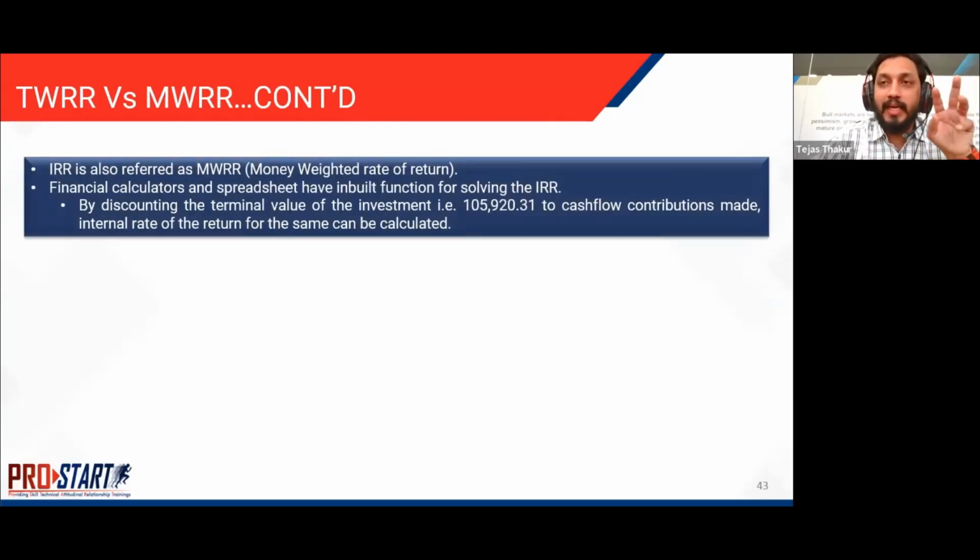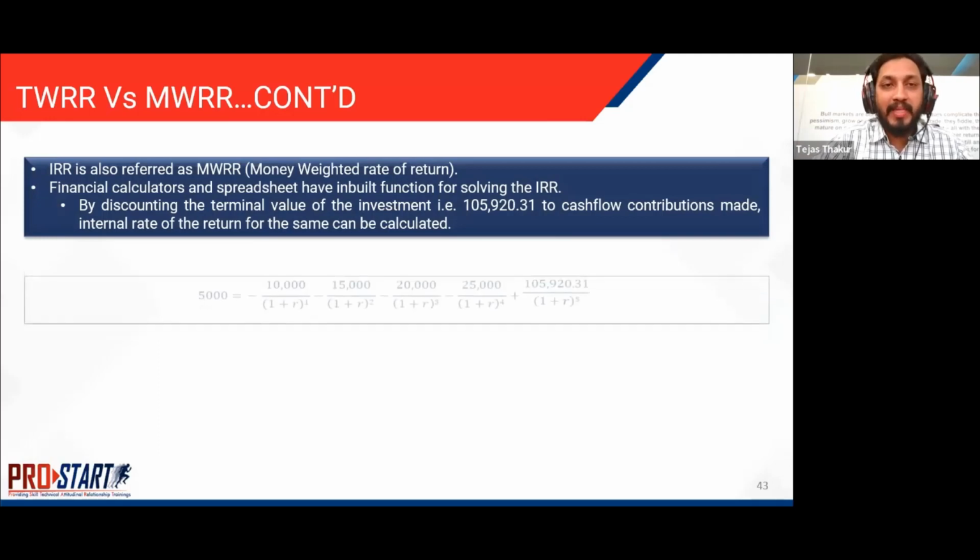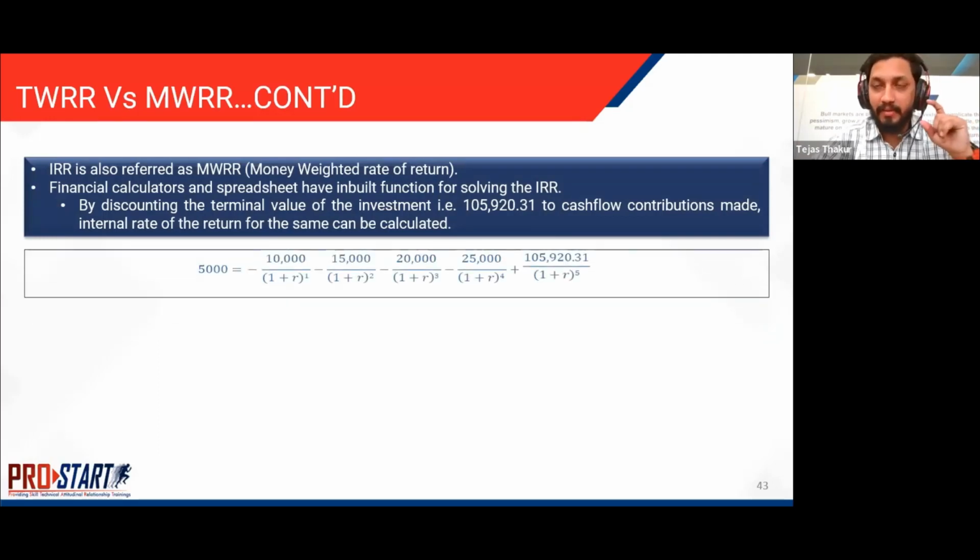I will also tell you what is IRR and what is XIRR. That is not covered in the syllabus, but I'm sure everybody who is using Excel will know this. But basically MWRR is IRR, the internal rate of return, a common rate at which you will have to discount all the future cash flows to come to the present value of 5,000 rupees.